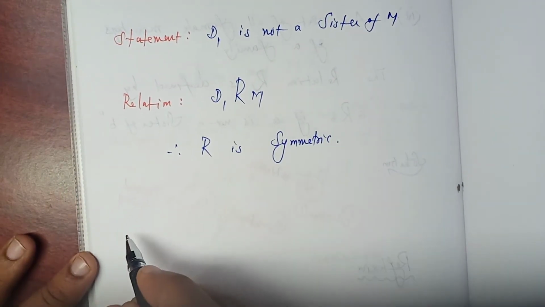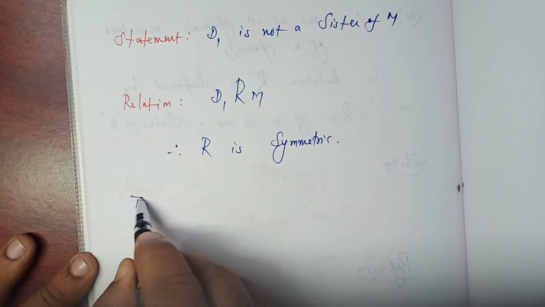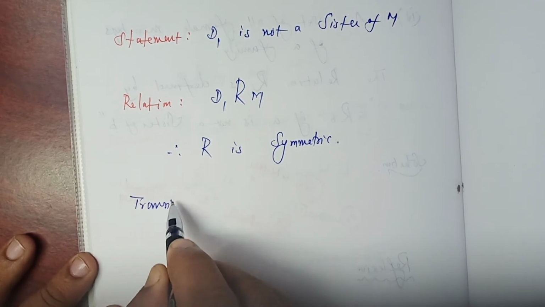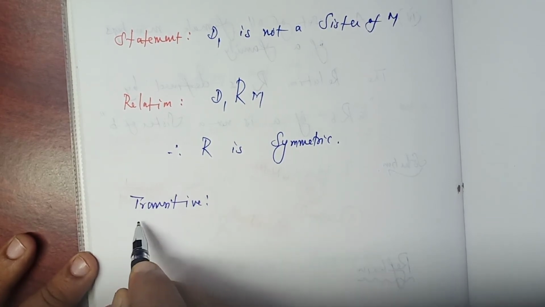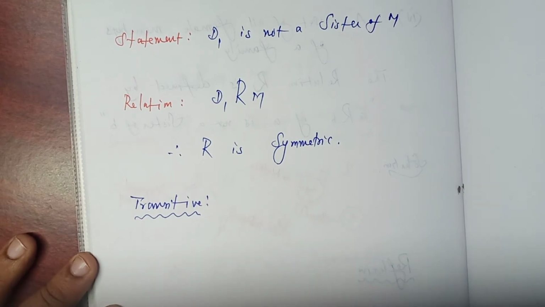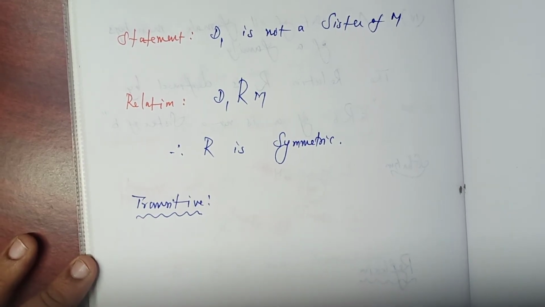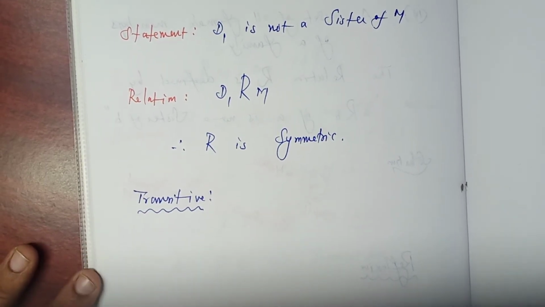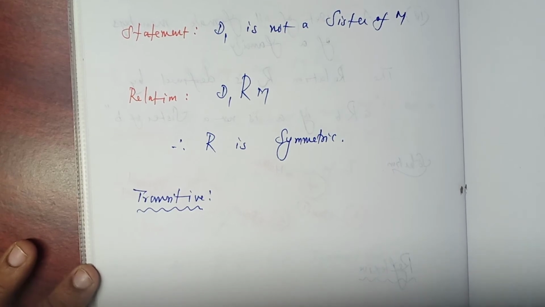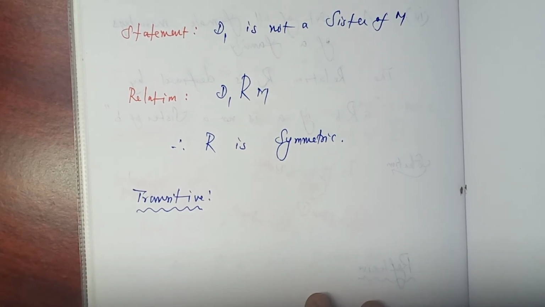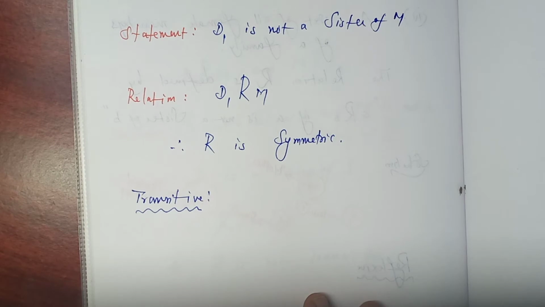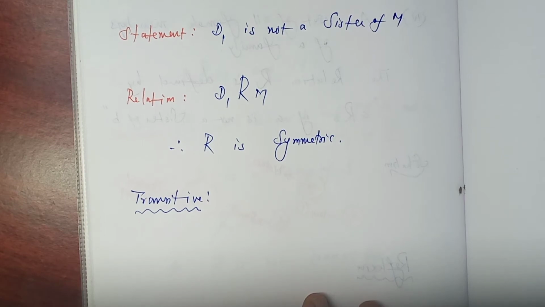Finally, you can go for transitive. For transitive, you have to consider 3 family members. First part 2, another part 2, but one should be common. So finally, 3 family members only.